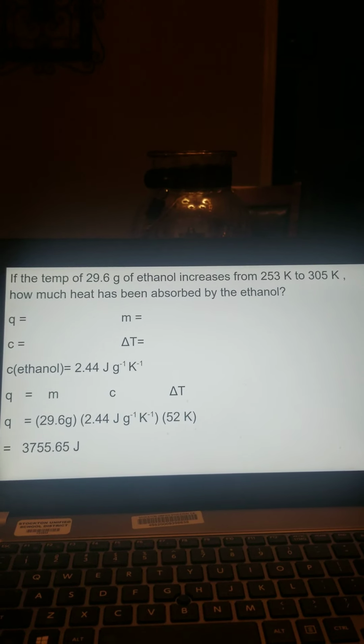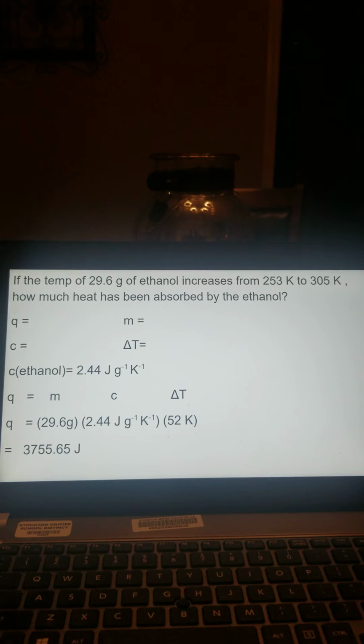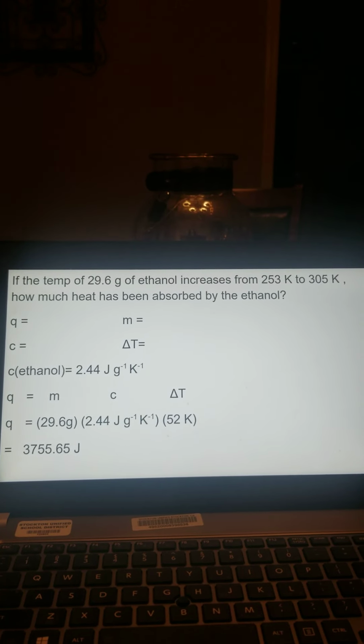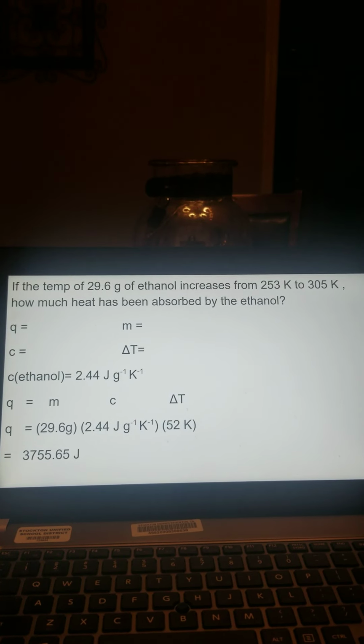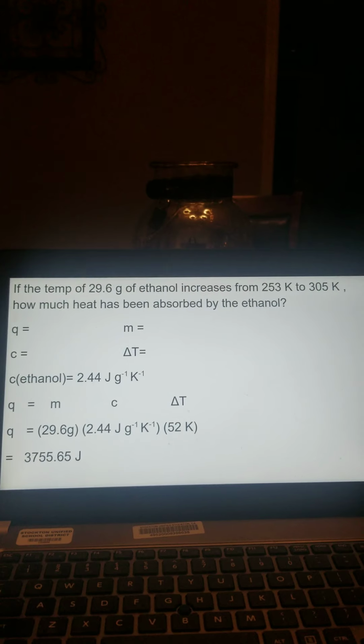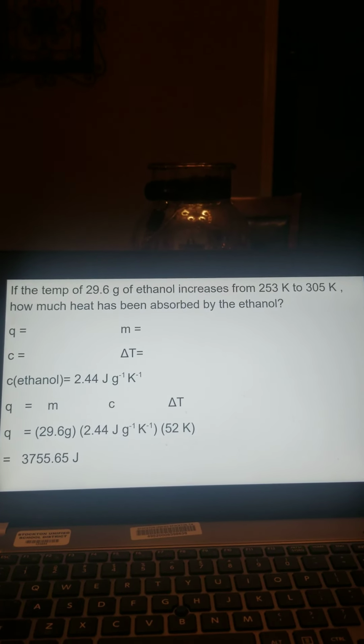The mass is given in the problem, and then you subtract the temperatures to get delta T. You plug them into the formula. You just multiply M times C times delta T. Units cancel. You end up with units of joules. If you have any questions on how I figured out that number, let me know, and I'll go through it in more detail.